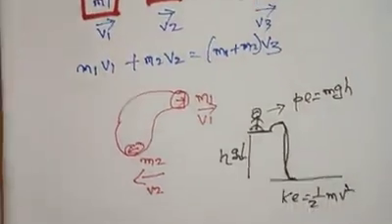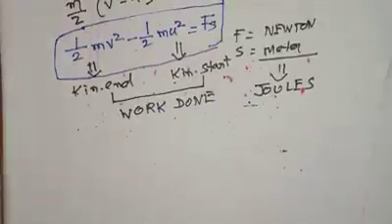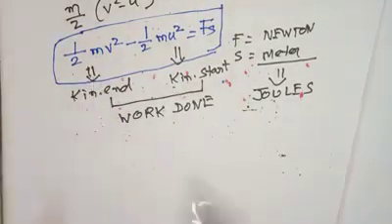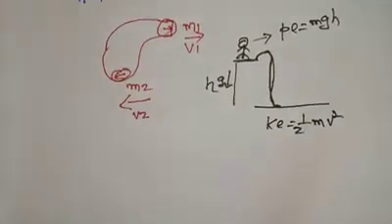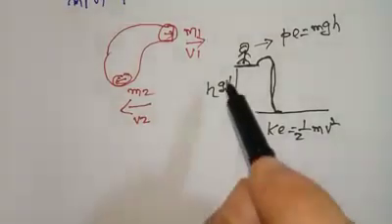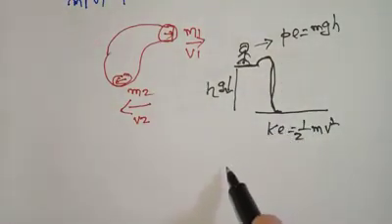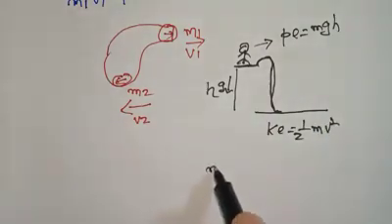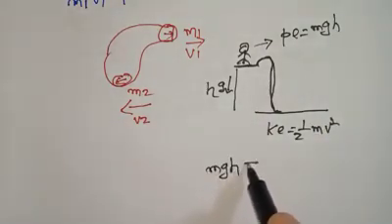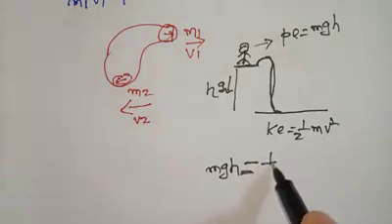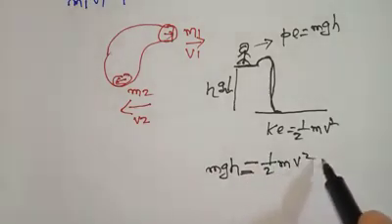So the potential energy mgh will be equal to the kinetic energy, half mv squared.